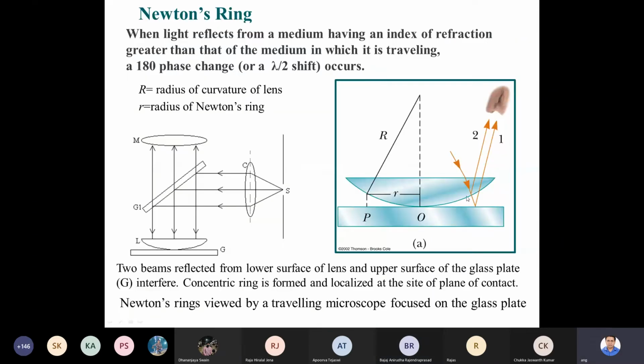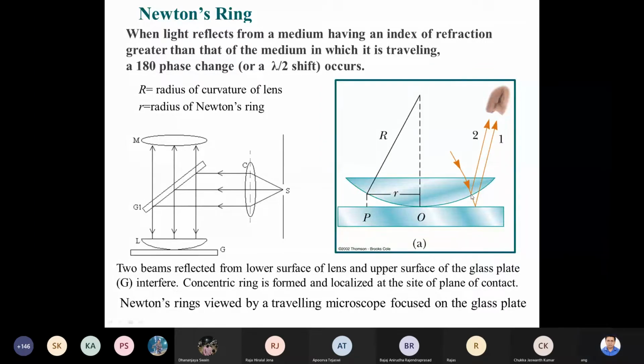Okay, just look at this one. If it is in the same medium, do you recall when there is a change in phase when reflection takes place?